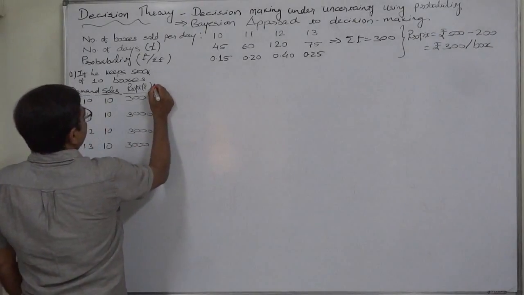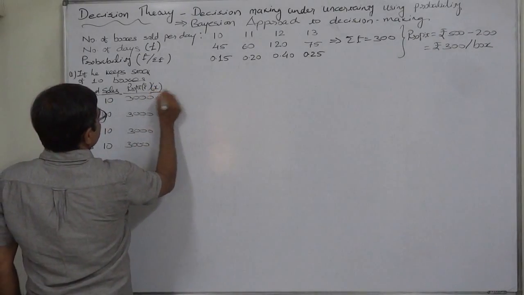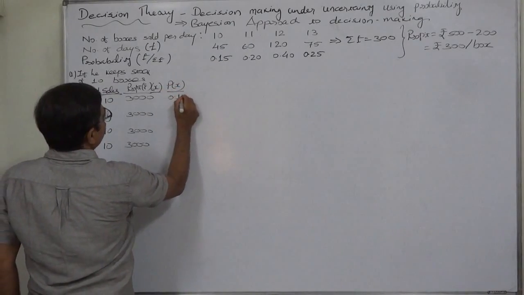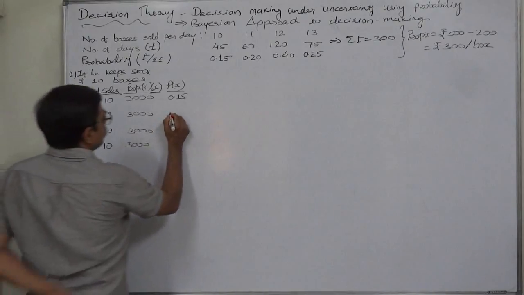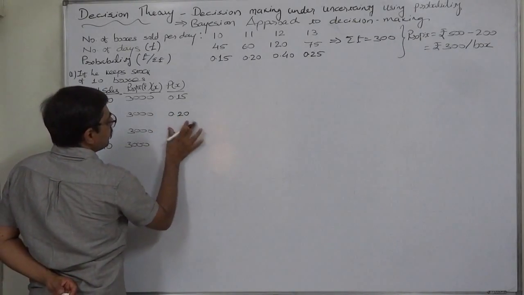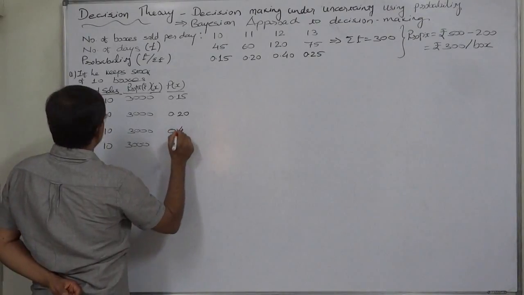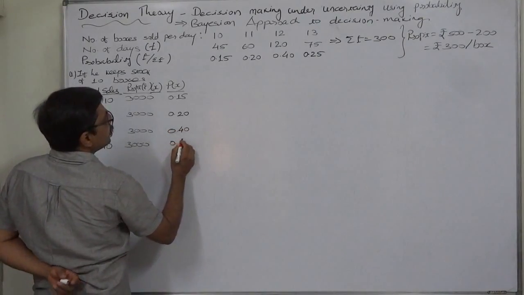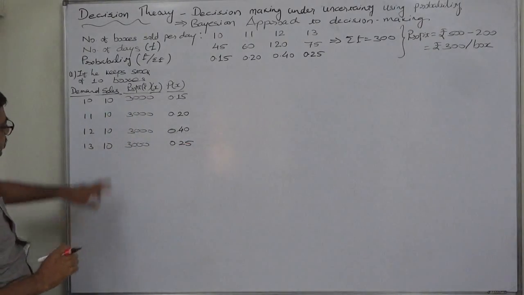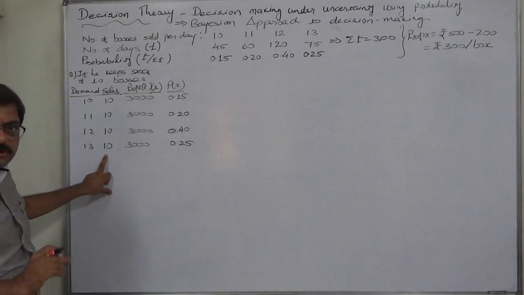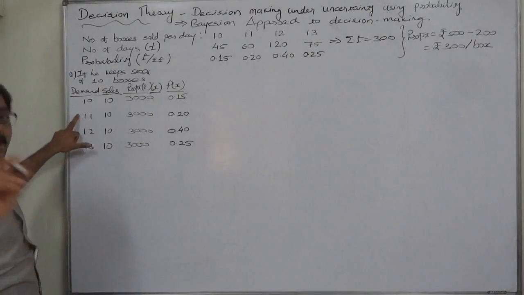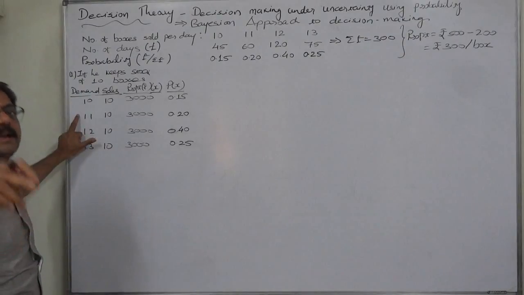Let's find out, if we treat this as x, then P of x is here, probability of 10 boxes, probability of 11 boxes, probability of 12 boxes and probability of 13 boxes. But the reality is he can sell only 10 boxes because he has a stock of 10 boxes. He has to say no to the 11th, 12th and 13th customer.